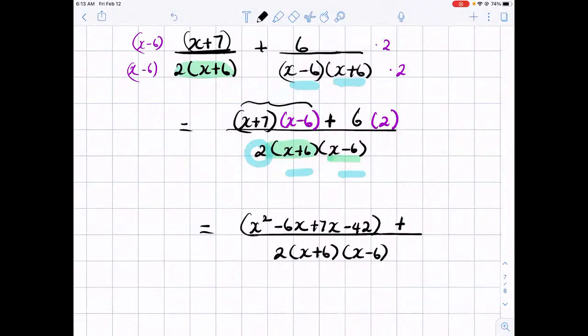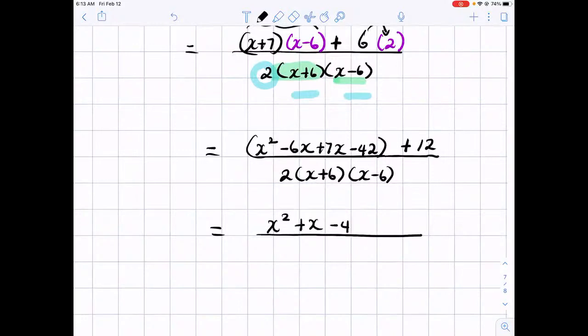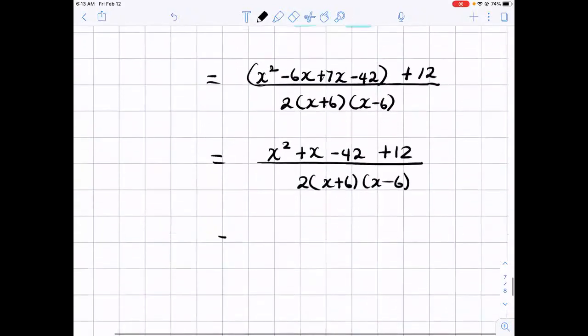Plus 6 times 2 is 12. Combine like terms in the parentheses. We have x squared plus x minus 42 plus 12. The denominator always stays the same. And we do not multiply out the denominator because at the end, if there's any simplification, it's already in factored form.